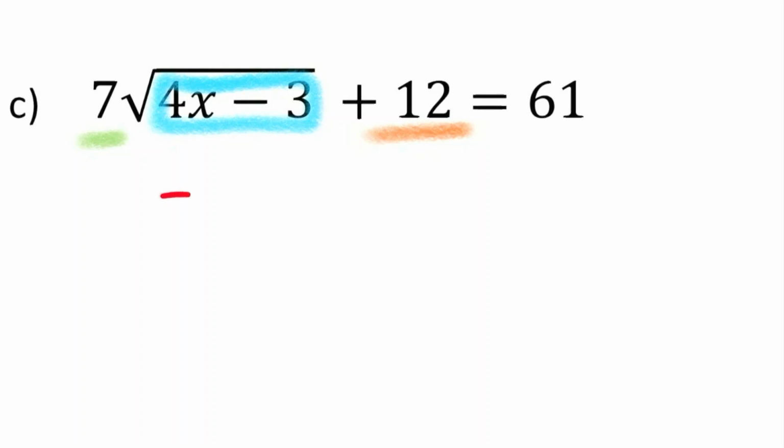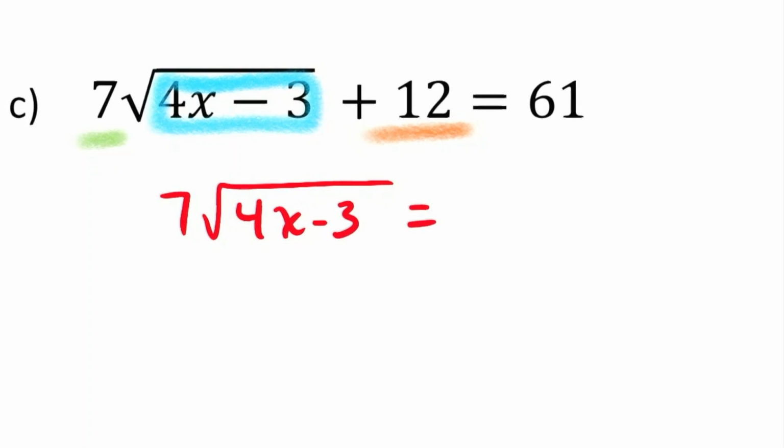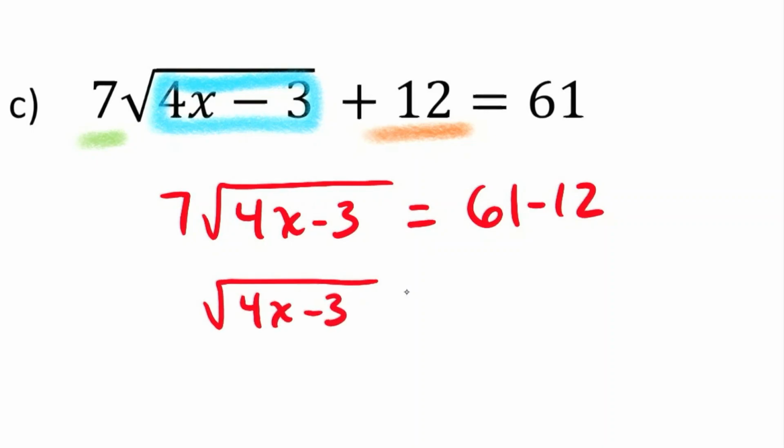This is going to become 7 times the square root of 4x minus 3, and that will equal 61 minus 12. You know what, I'm just going to write that 61 minus the number 12. This is me not doing arithmetic. And now I'm going to divide both sides by 7. So that means the square root of 4x minus 3 has to be the same as 61 minus 12 divided by 7.